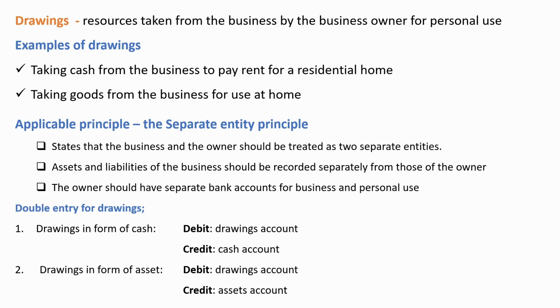But if you are paying rent for your residential home, and that is not where you conduct your business from, that is money taken from the business for non-business uses. So it becomes drawings. Or it can be taking money from the business to pay for school fees for your child. So that one is drawings because you spend the money for non-business uses.